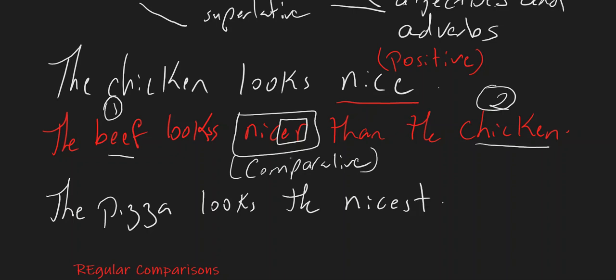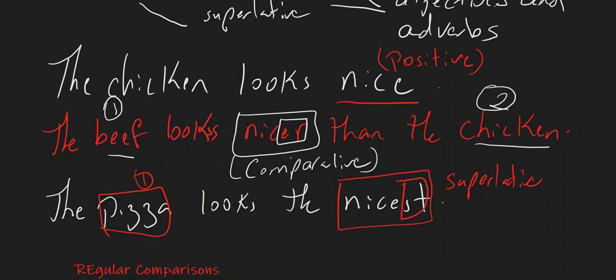So in this case, I'm comparing the pizza alone with the rest of the food on the menu. And to do that, I need to use the superlative form of the adjective. And I do that by adding an st at the end to show that this is the nicest food on the menu.